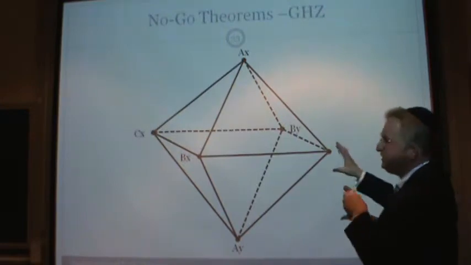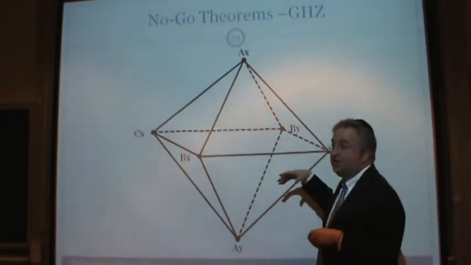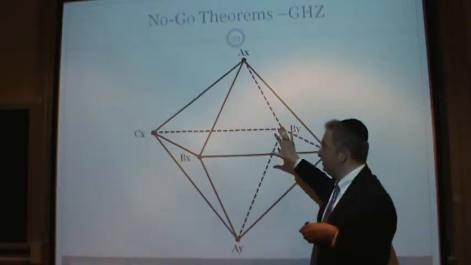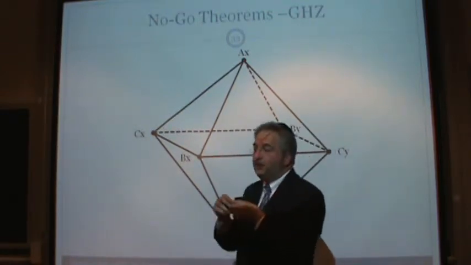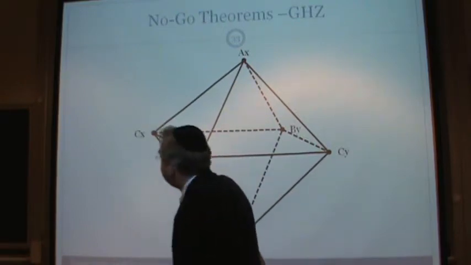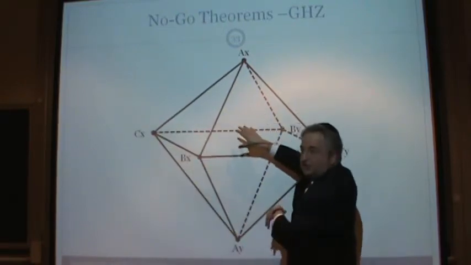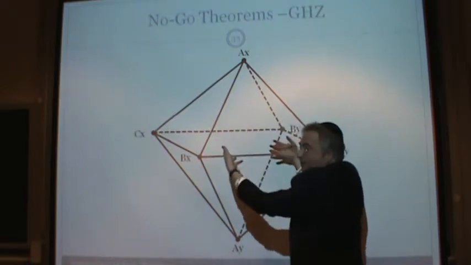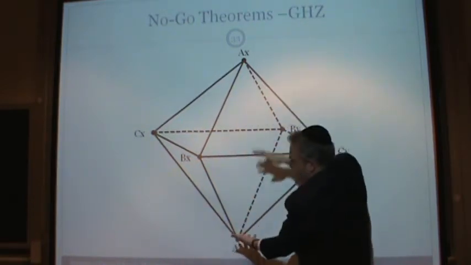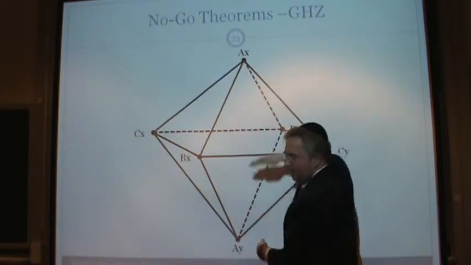Now this is the space of measurements. The space of outcomes is going to be a little bit more complicated, because this is a three-dimensional object, and the space of outcomes is going to be a four-dimensional object, which is a pain to draw. So instead of drawing it, I'm going to think of this as an orange and peel it from the top. AX is going to peel from the top and push down, so you look from the top and push down.